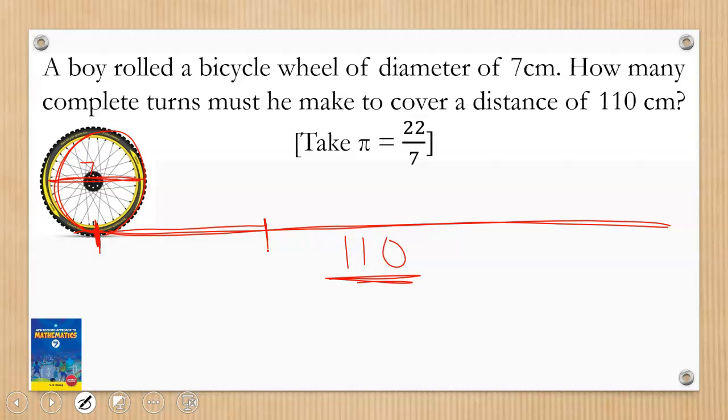I hope it's clear. But we can only know the distance of one revolution if we know the circumference of the tire. That is what we want to do, right?